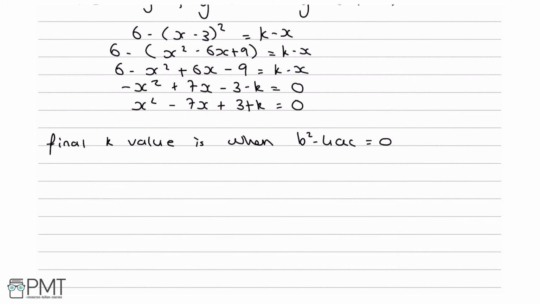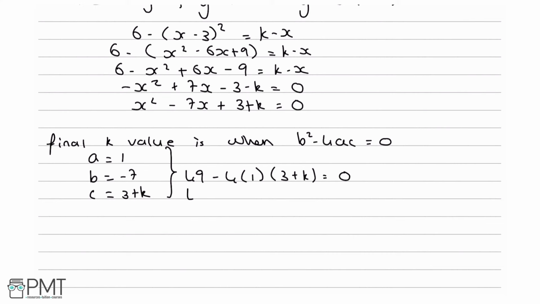So what we'd say is a equals 1, b equals minus 7, and c equals 3 plus k. We can take all this and we can say 49, so b squared minus 4a, and then 3 plus k, equals 0.